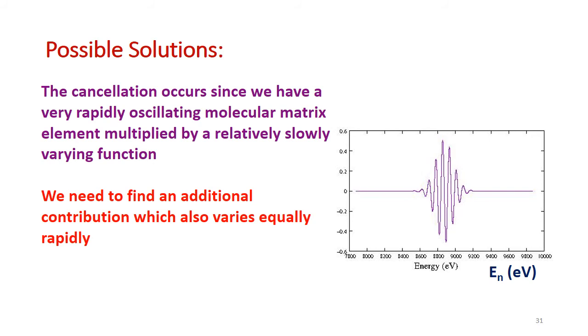Possible solutions. Let us understand how we can possibly solve this problem. The cancellation occurs since we have a very rapidly oscillating molecular matrix element multiplied by a relatively slowly varying function. So we see that this molecular matrix element over some range shows very rapid oscillations. I should clarify that this is for a particular choice of emitted photon energy, and we actually have to integrate over all photon energies.